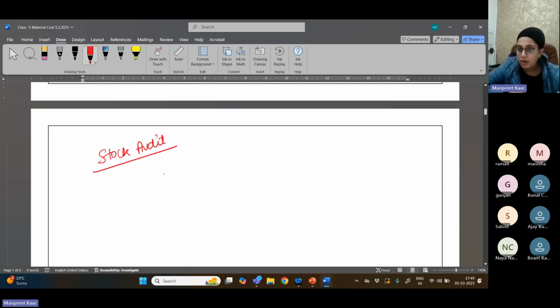ਕੀ ਹੁੰਦੀ ਹੈ stock audit? Yes, anyone? किसी ने कोई आइडिया?